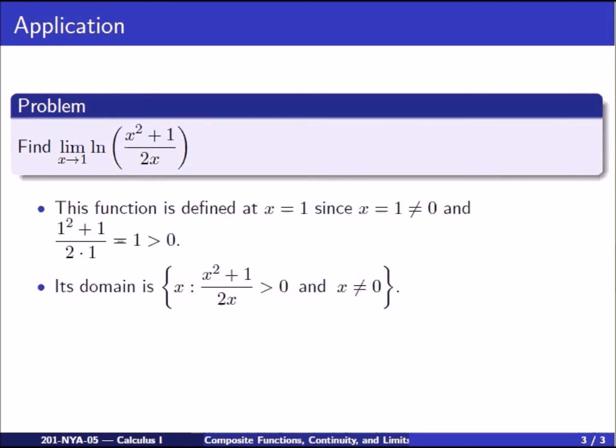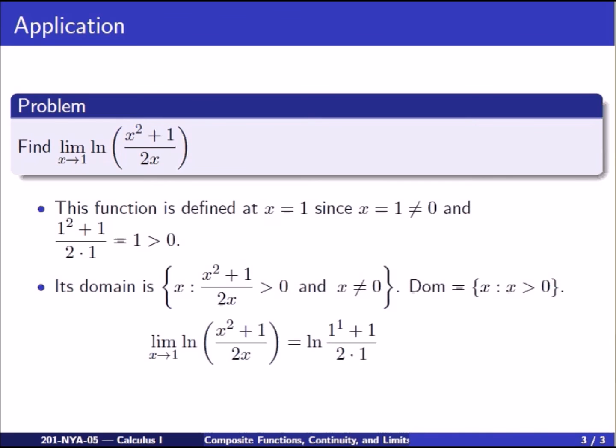So the ratio will be positive if the denominator is positive as well. So when 2x is positive, in other words, when x is positive and not equal to 0 because of the second condition. So overall, that means that the domain is all values of x where x is strictly greater than 0. And the domain in that case is where the function is continuous.